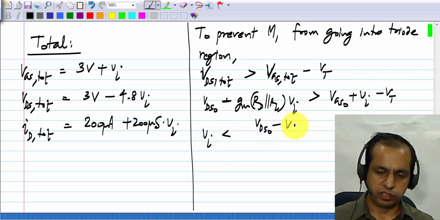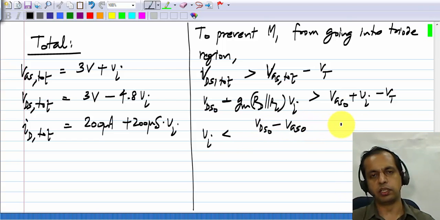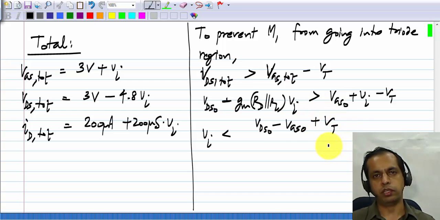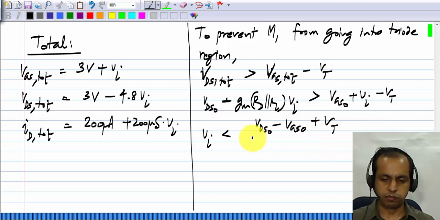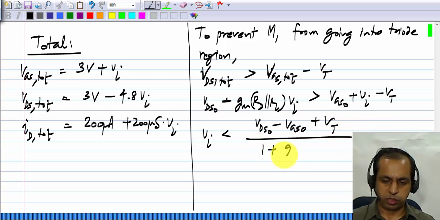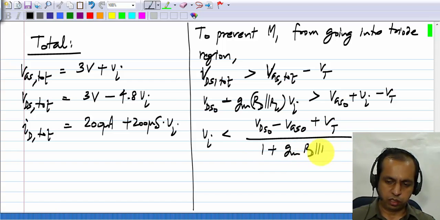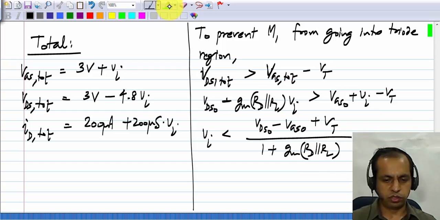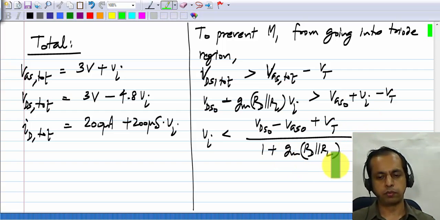VDS0 minus VGS0. This is the quiescent drain gate voltage, how far the drain is above the gate at the operating point, plus VT. That's because the drain can go below the gate by 1 VT, but not more than that, divided by 1 plus GM RD parallel RL. The gate is going up, drain is coming down, so you have this in the denominator.